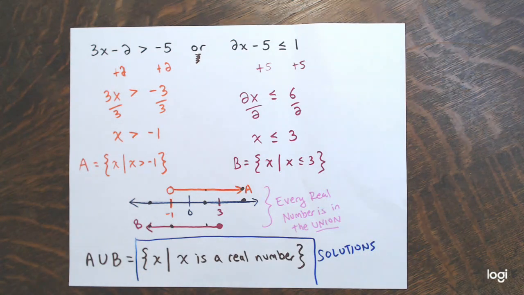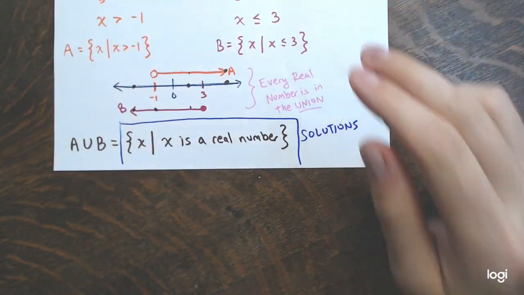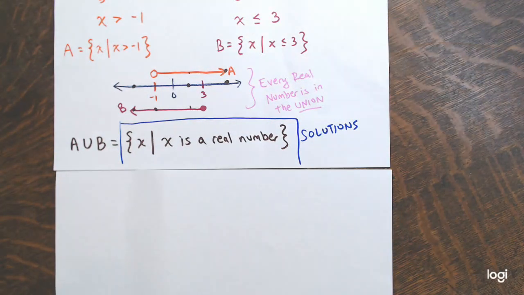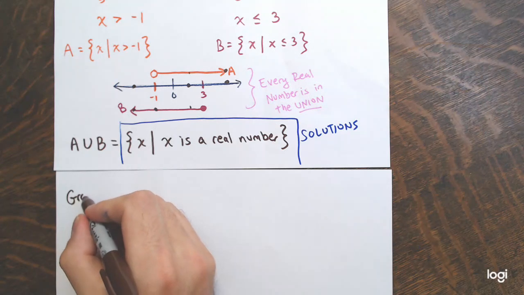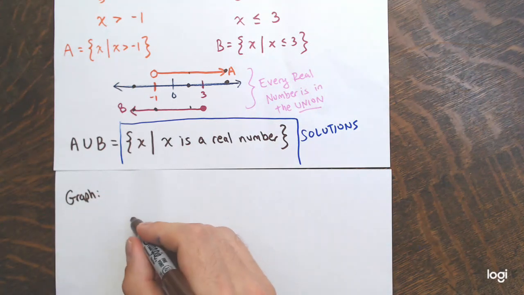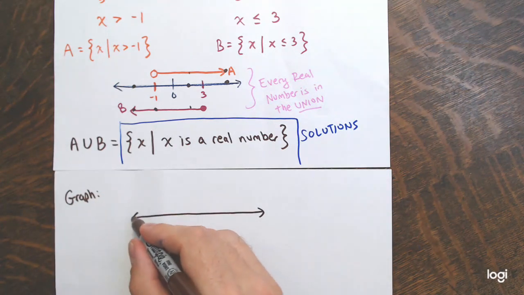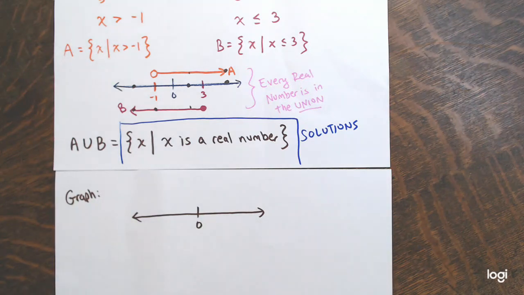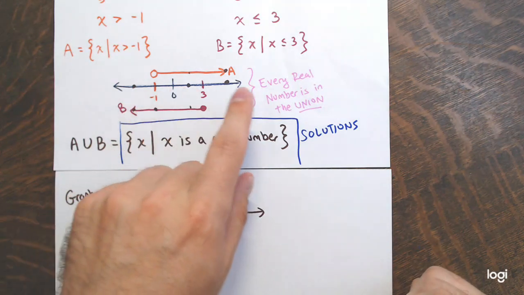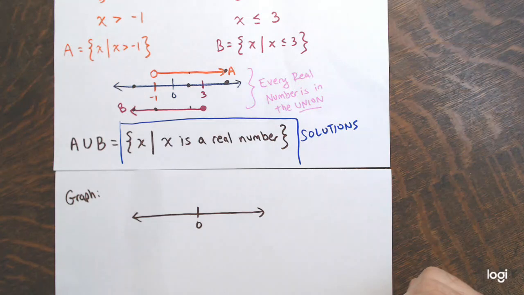And then for the graph, right, when I graph the solutions, here's the number line, 0 and all that. Just said, every single number you can think of on the number line, every real number is in this set, this union.